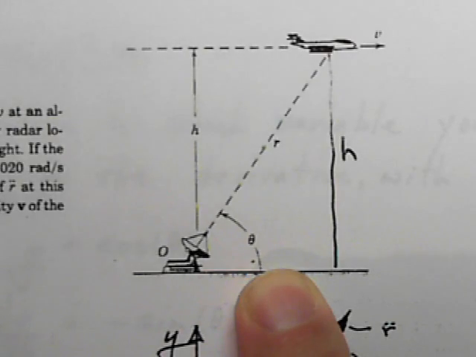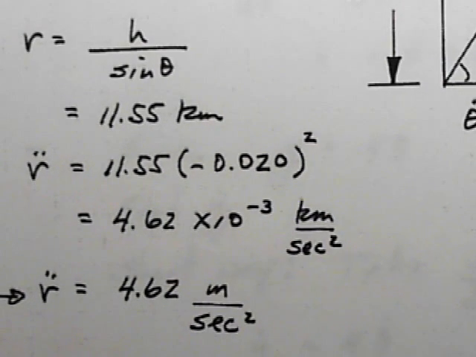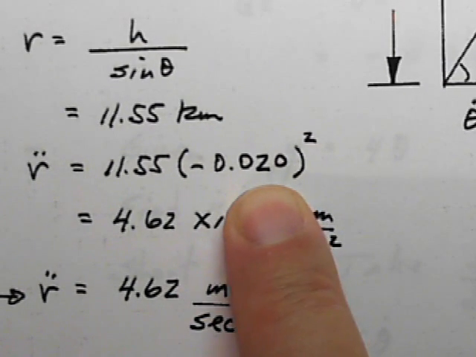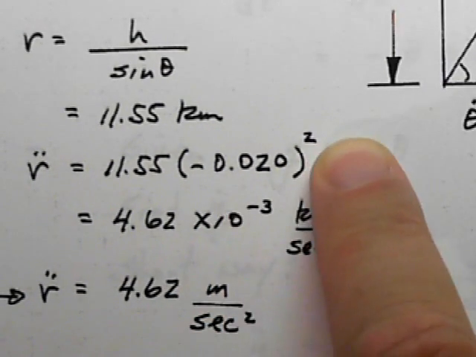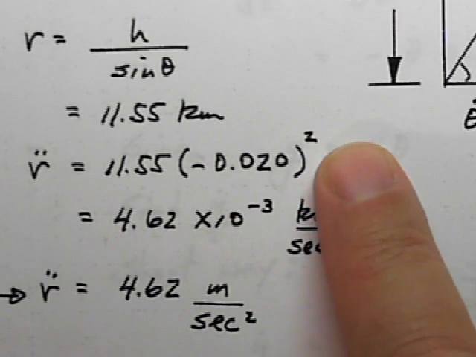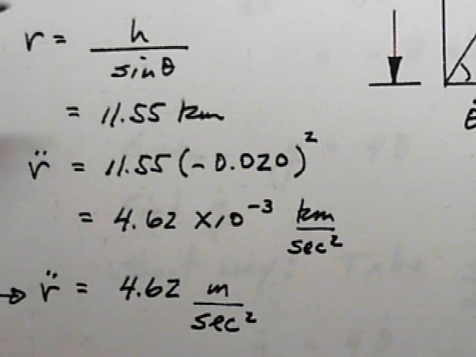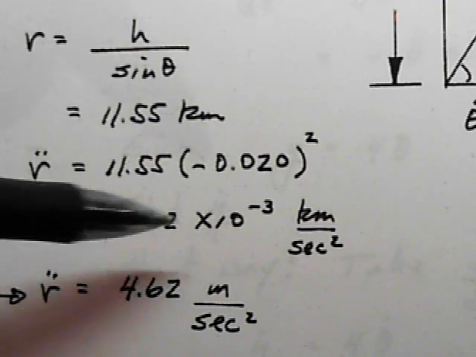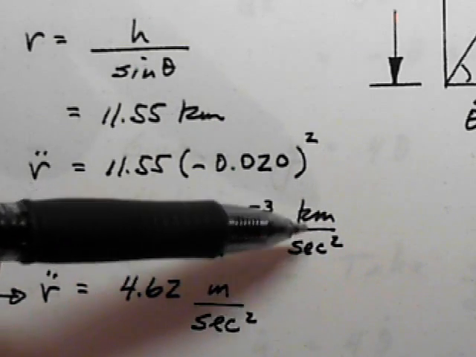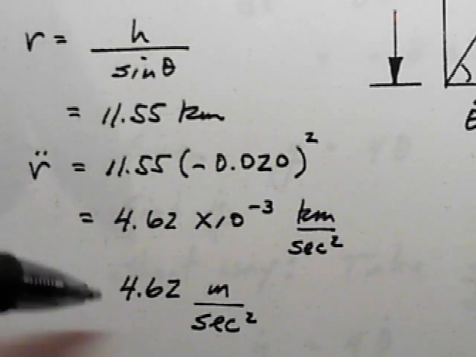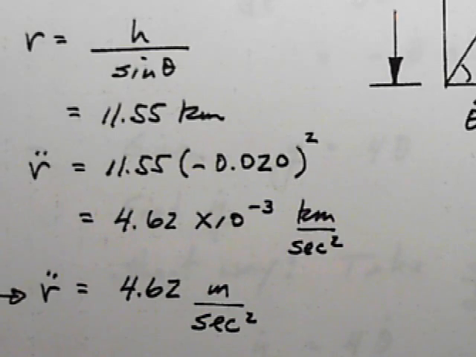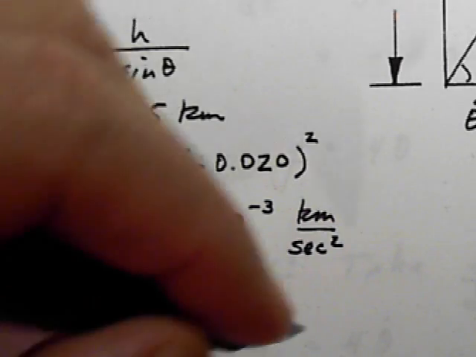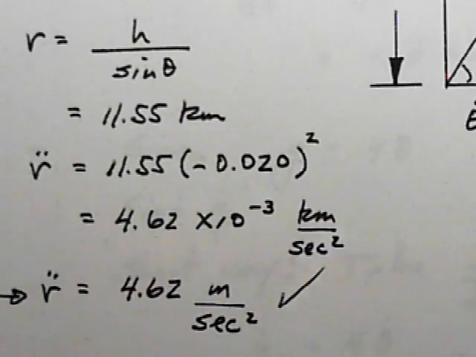So that is going to be a negative value for the theta dot. So negative 0.2 is the truth, but we are going to square it, so that negative sign is going to go away. And we can get, therefore, that r double dot requested in the problem is 4.62 times 10 to the minus 3 kilometers per second squared, or 4.62 meters per second squared, and that's one of the quantities that was requested.